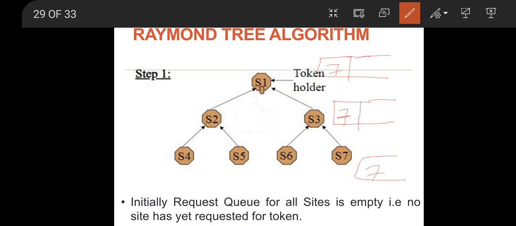Now after this, if S6 wants to enter the CS, since its own request set is empty, 6 will be entered and the request message with ID 6 will be sent to S3.